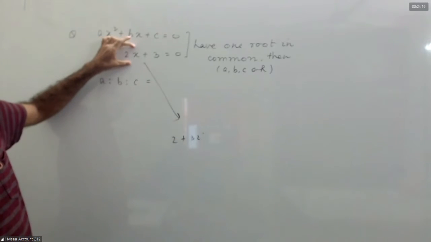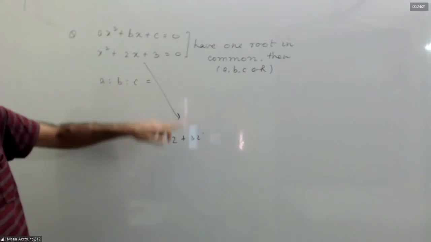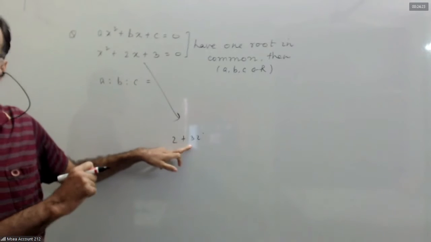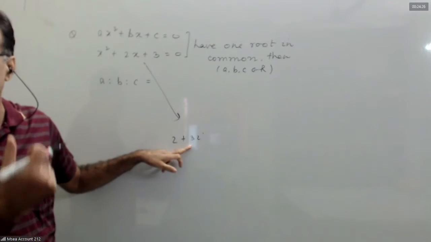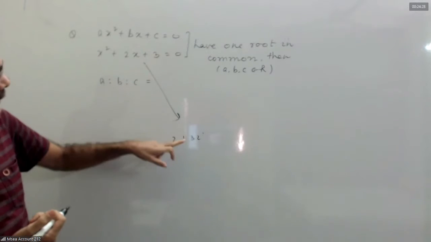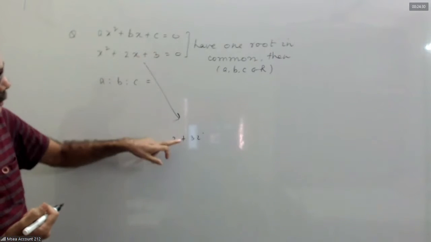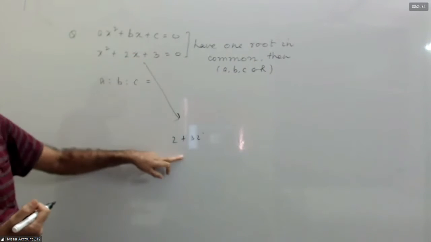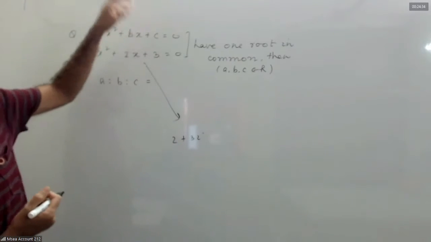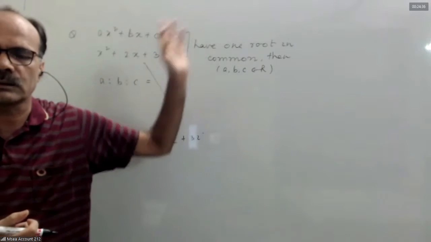Since the roots of this equation are complex, let this be the common root. It means this is the root of this, and 2 minus 3i has to be the other root of this equation.